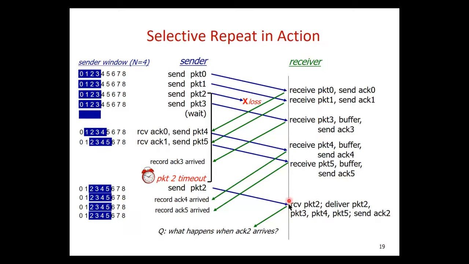At the receiver, it received packet 2, so it can deliver packet 2, but it also buffered 3, 4, and 5, so it can deliver 3, 4, and 5. And now it sends ACK of 2 because it received packet 2. Now question: what happens at the sender when ACK of 2 arrives at the sender?